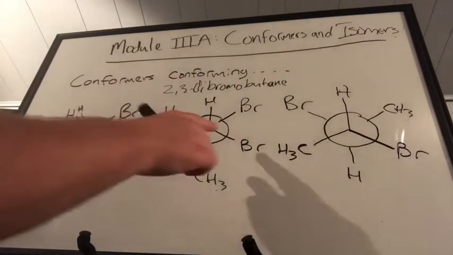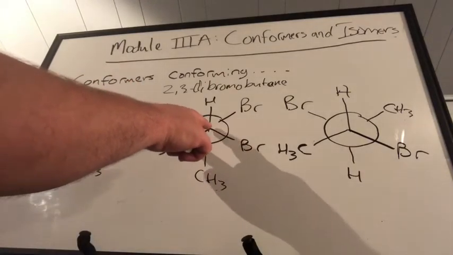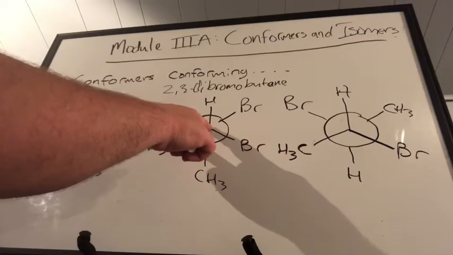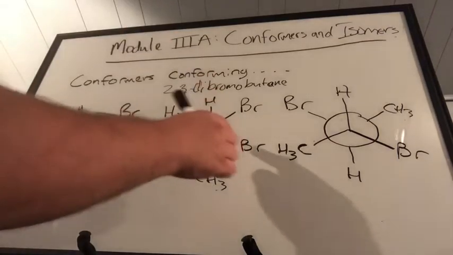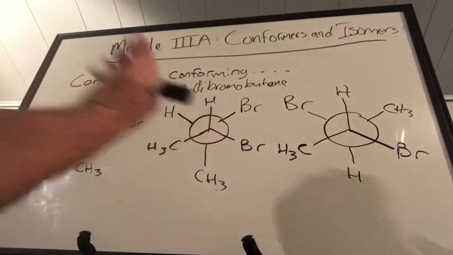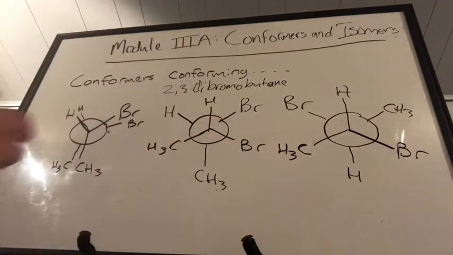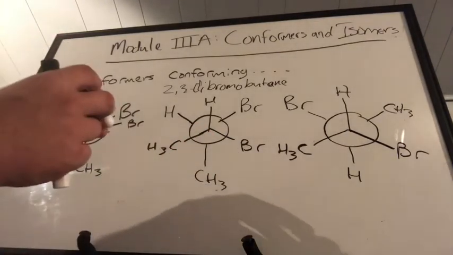Okay, so when you look at a Newman projection, you see in the front that there's this sort of junction, like a three-tine junction. That's going to be the carbon in the front that you're going to be looking at. And then to the back, this circle here is going to represent the carbon that's behind it.